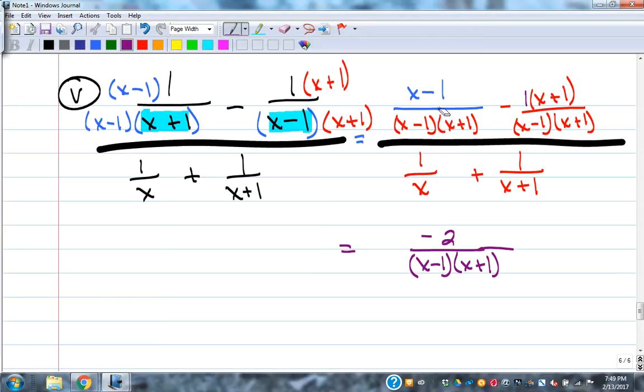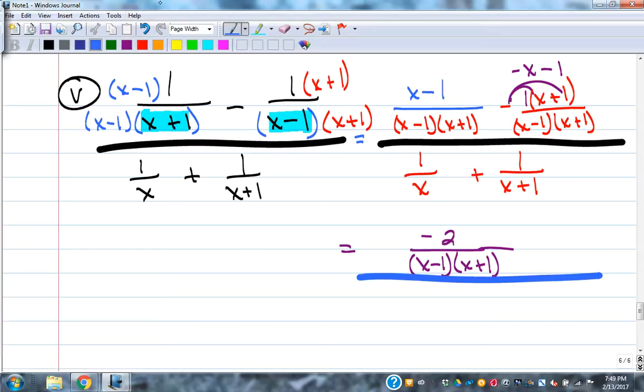Negative 2 is what this simplifies to. X minus 1 minus x minus 1, because you distribute the negative. So maybe I'll write that negative x, negative 1. That's how that's happening. And then we got big fraction bar.